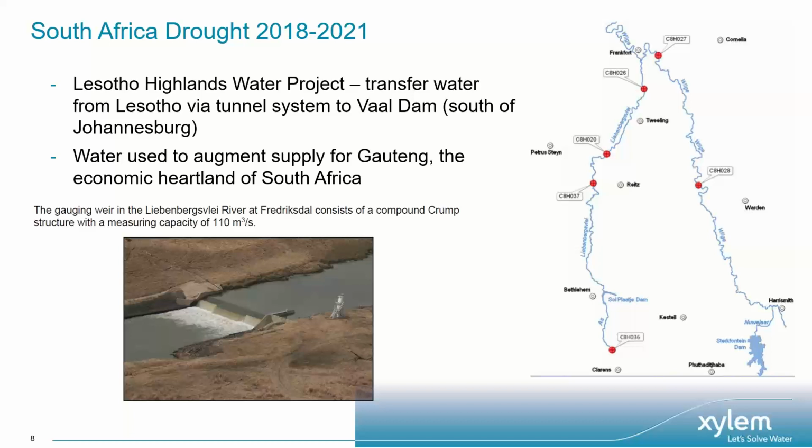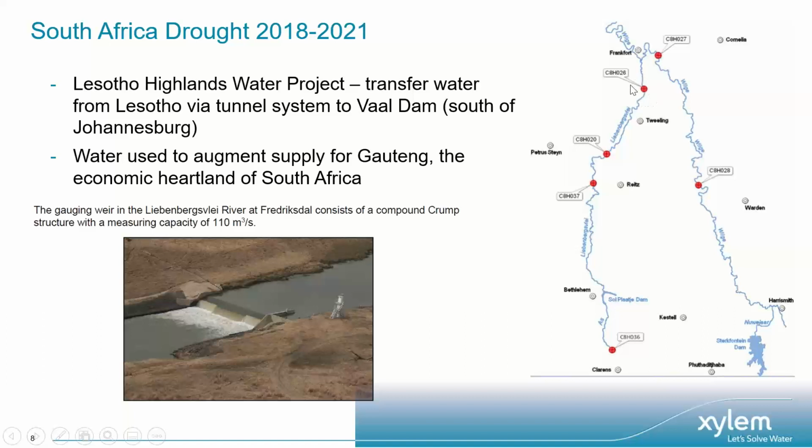And again, this is the economic heartland of South Africa. And so what we'll be looking at is a gauging station that's along one of these canal systems here. And the map of the canal system is pictured on the right. And we'll be looking at a station that is the second from the top. If you can see my arrow, I'm circling that station here.